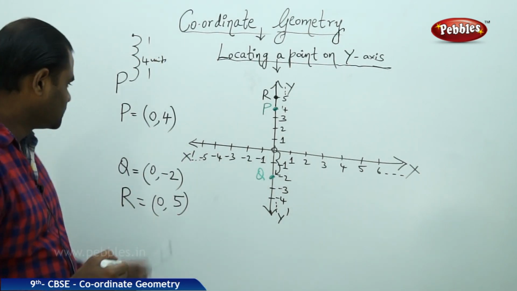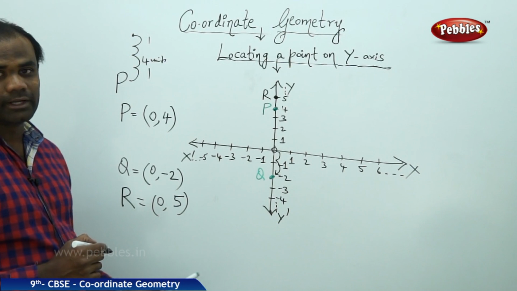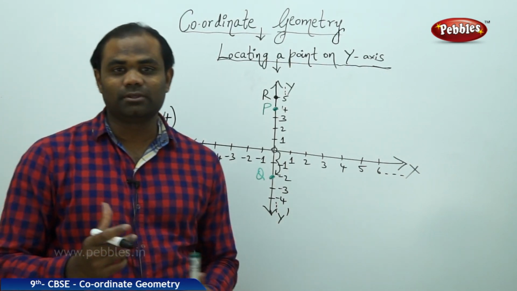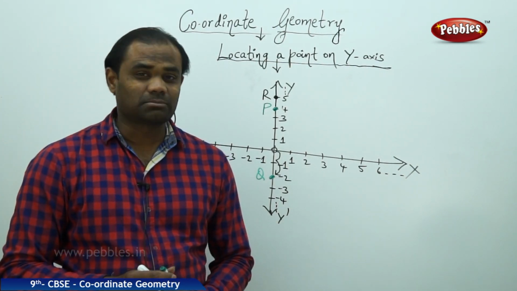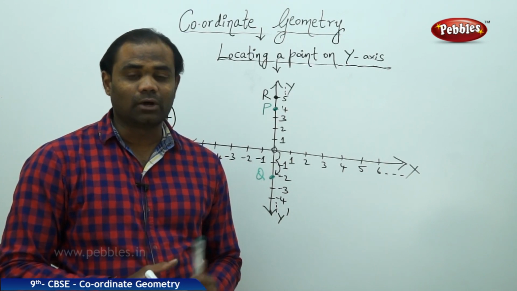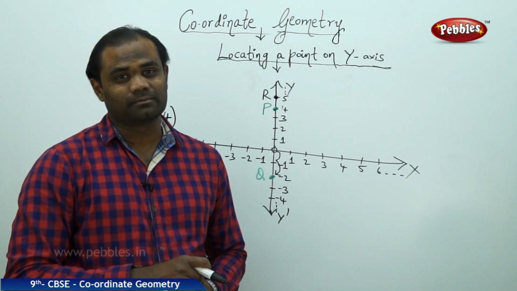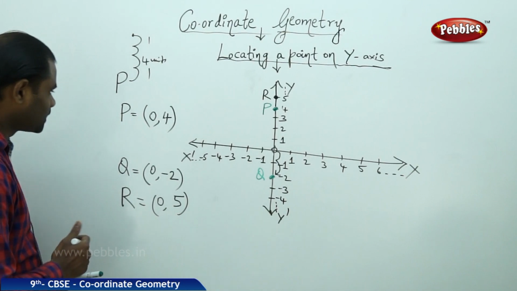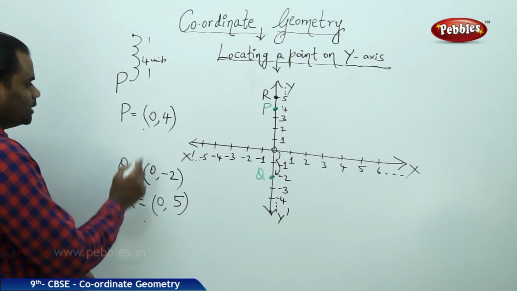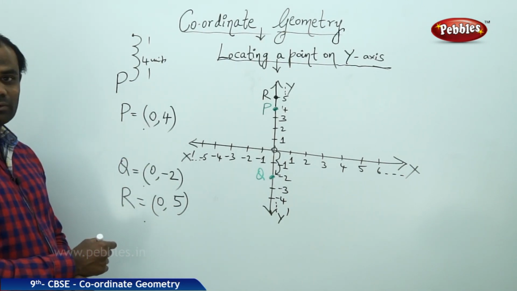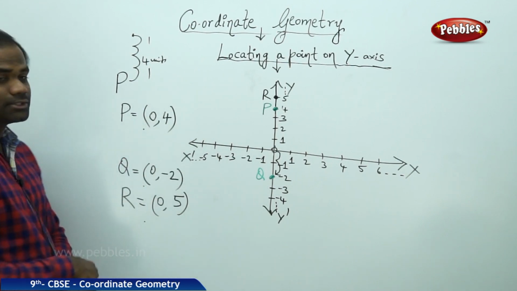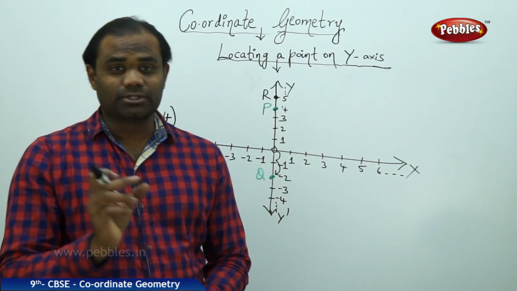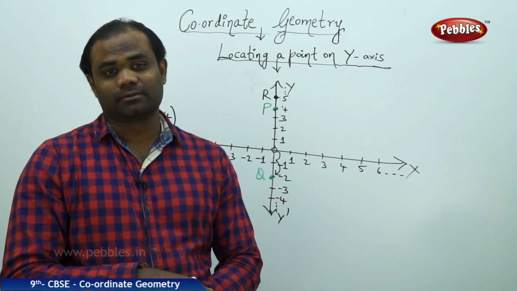This is how I get the abscissa and the ordinate for each of the points P, Q and R. Now comes the question: what is the outcome of this investigation? Clearly we see that in each case, the x coordinate is 0 and the y coordinate changes accordingly with the position of the point.